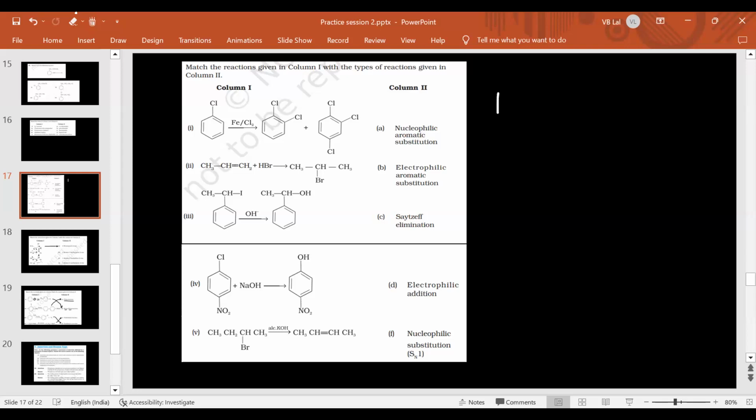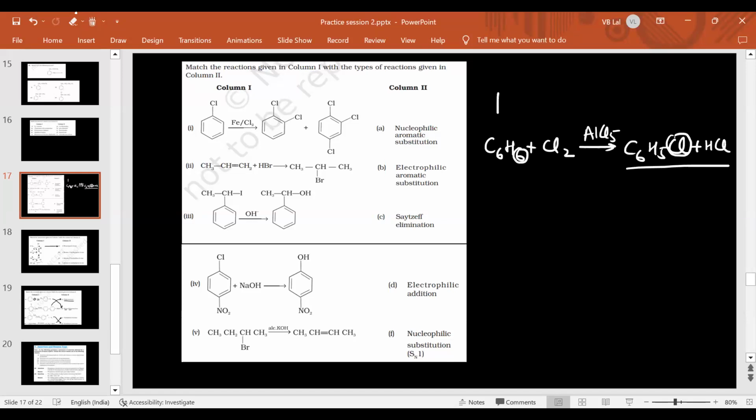But if I write C6H6 plus Cl2, only one chlorine, supposing I add in presence of AlCl3, instead of writing the benzene ring, I have written it like this. So what will you get? C6H5Cl plus HCl. If I write C6H5Cl plus HCl, can you make out one hydrogen has been replaced by one Cl? So first of all, it is not addition.